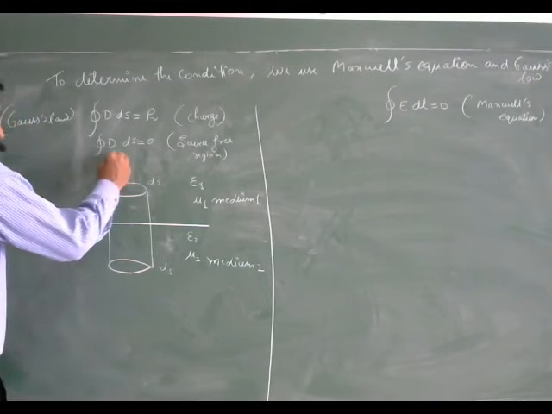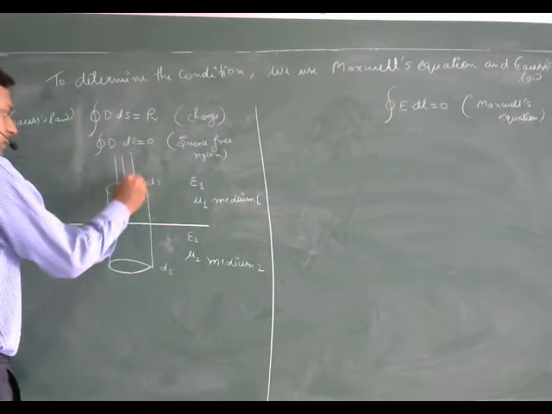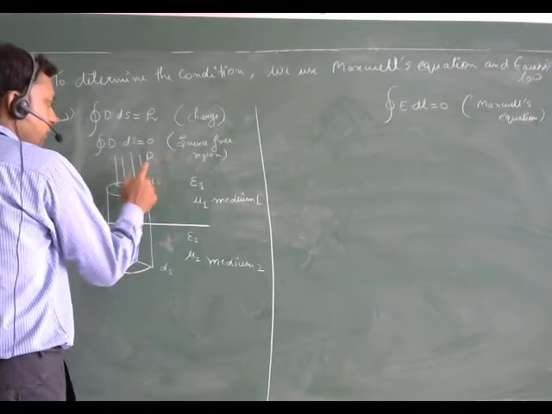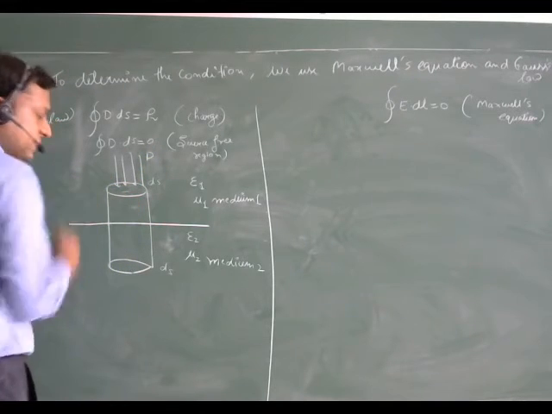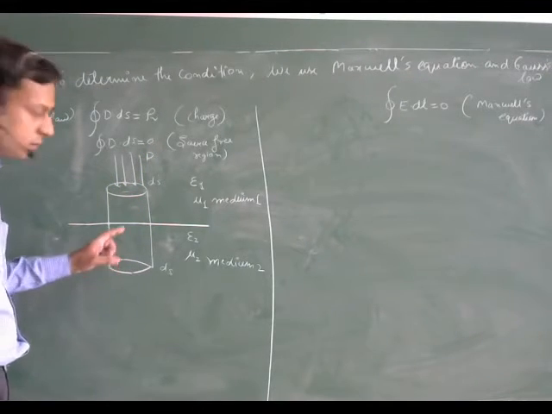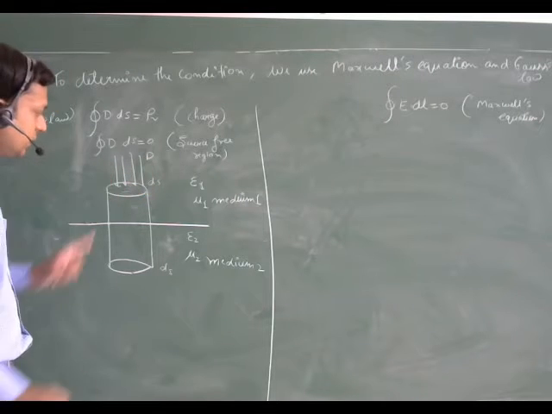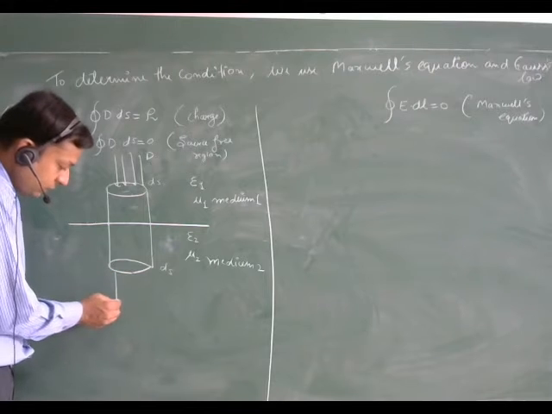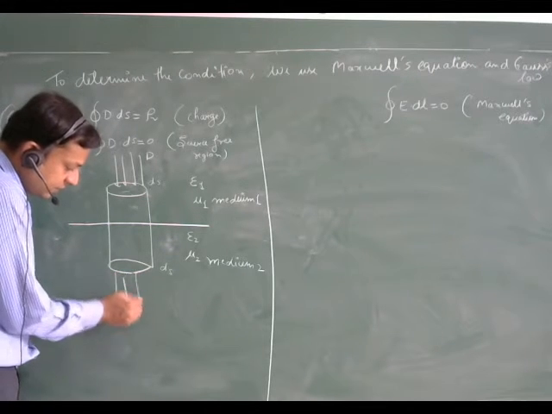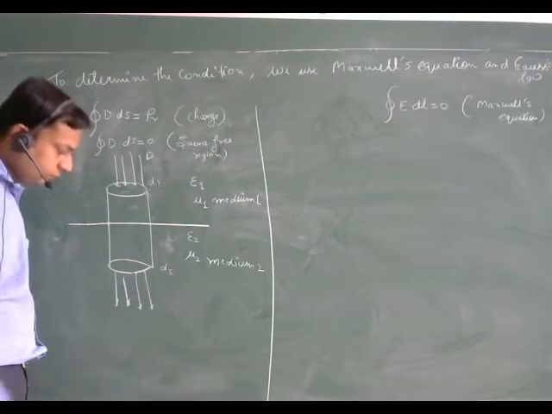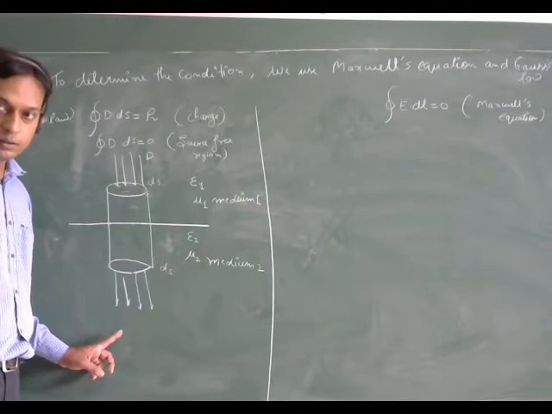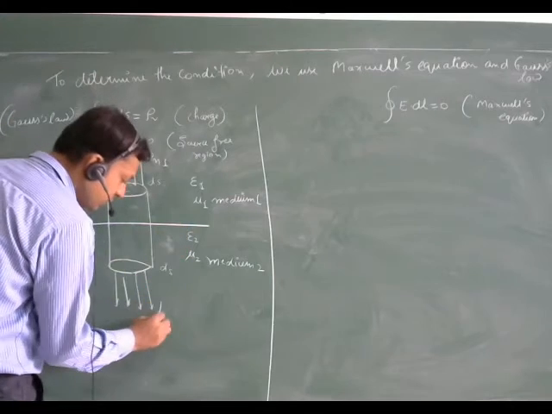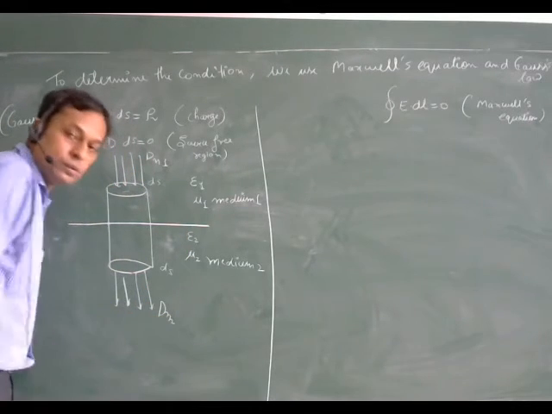So the normal component of the electric flux density D entering this surface dS, from Gauss law, will be equal to the flux leaving this surface. This will be the normal component in medium 1, and this will be the normal component in medium 2.